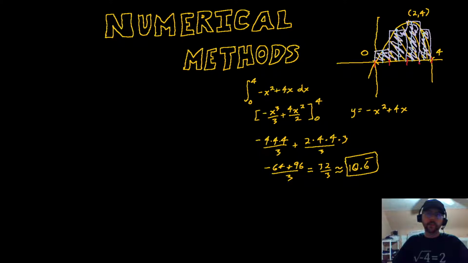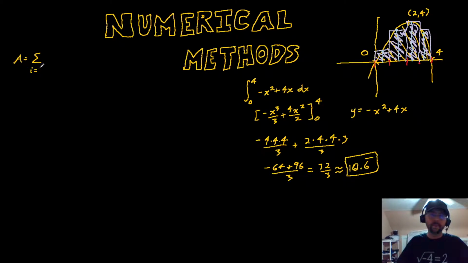Now to write this out in the notation, well, let's just write it up here. So we'll call this area, because that's what we're looking for, equals the sum from i equals, well, it would be a.